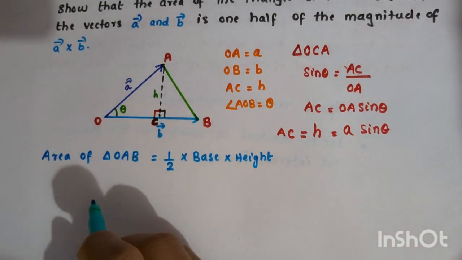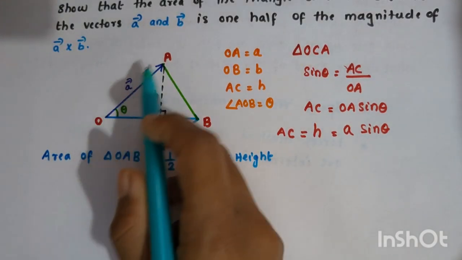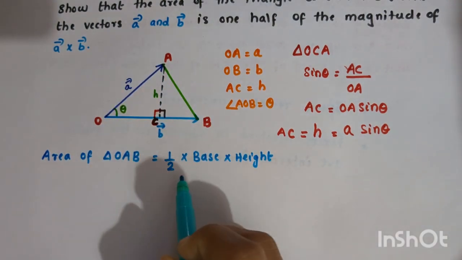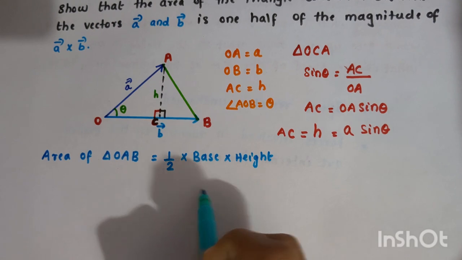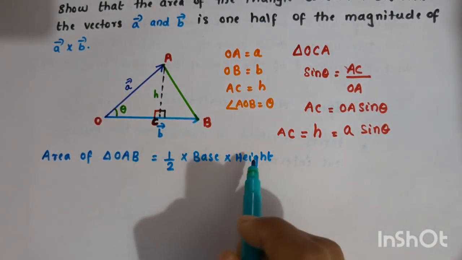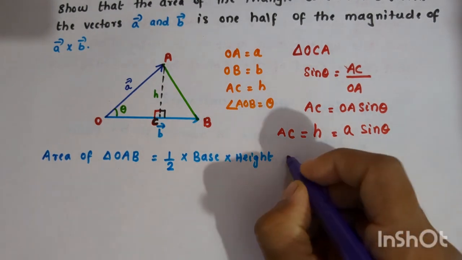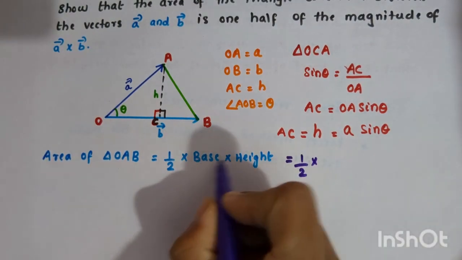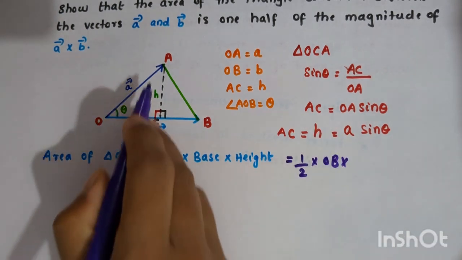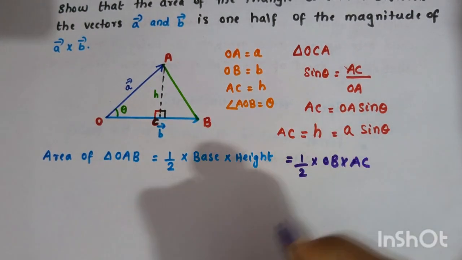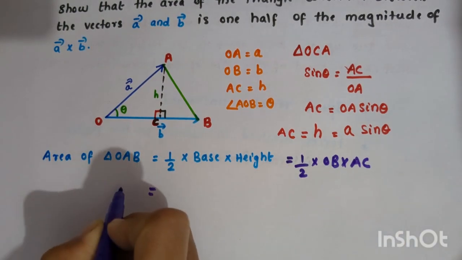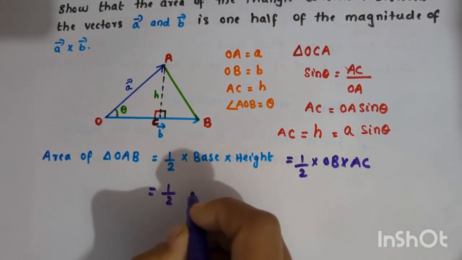Now, what about the area of triangle OAB? The area of a triangle is half BH, that is, half into base into height. Base means OB, and height is AC. So the area of triangle OAB equals half into OB into AC.